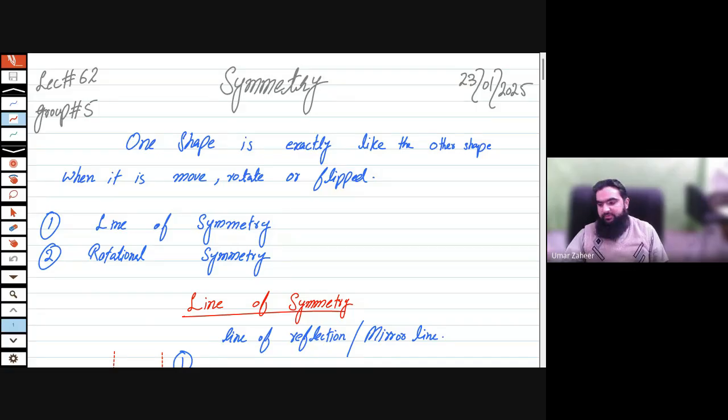Last class, we taught the topic of symmetry. When you rotate the object or make a line, you get the exact image on the other side. You get the reflection of the object, so that is known as the line of reflection. If after rotating the object you get the same image or the original shape, that is rotational symmetry.